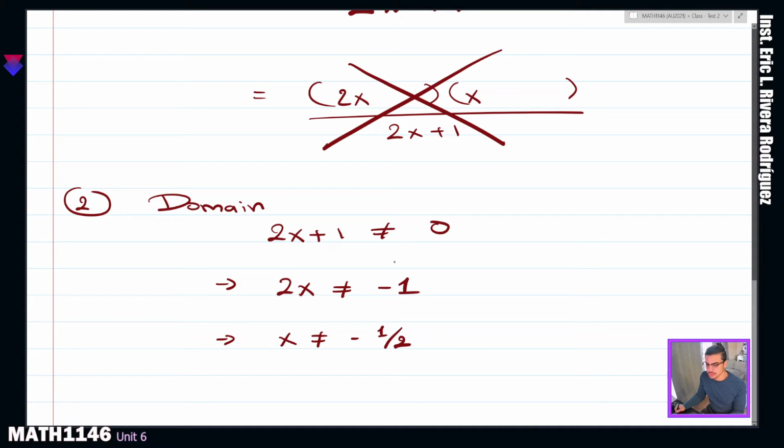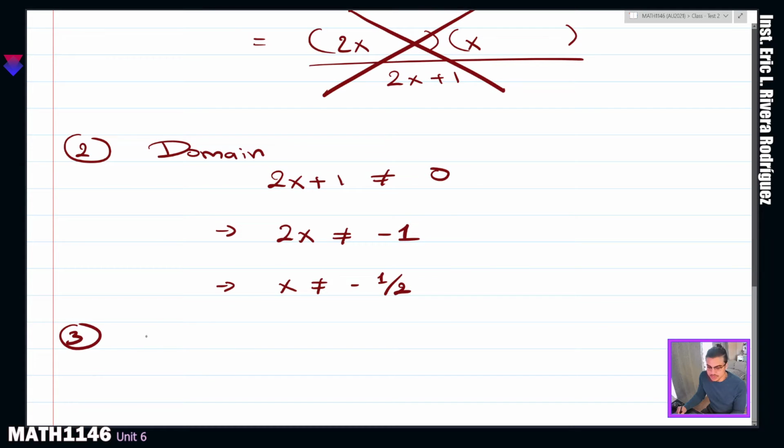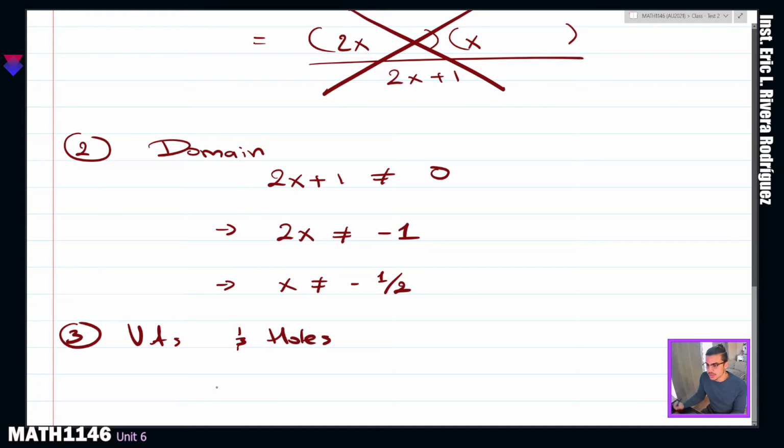There's no simplified version, so we know that this restriction is a vertical asymptote. There is no hole in the graph. Step number 3 is to find any vertical asymptote or any holes. We know that there are no holes because there is no simplified version, so the only thing that we have here is the vertical asymptote at x equals -1/2.